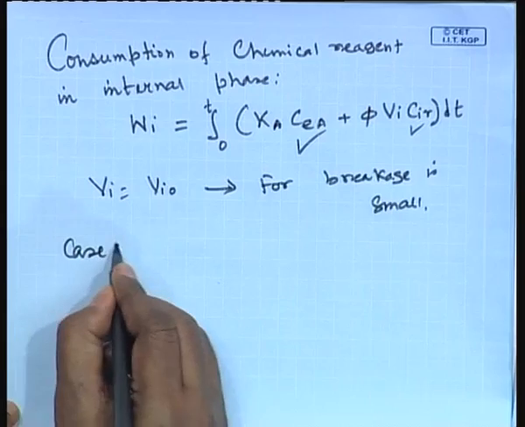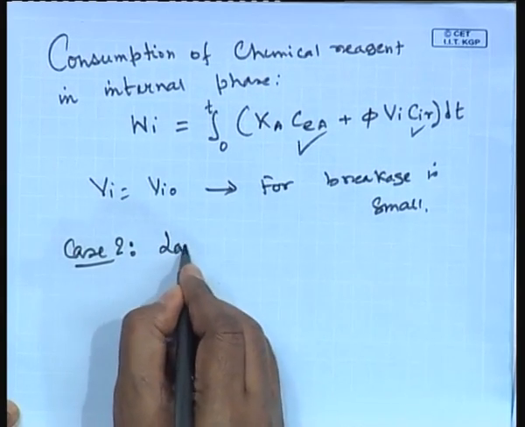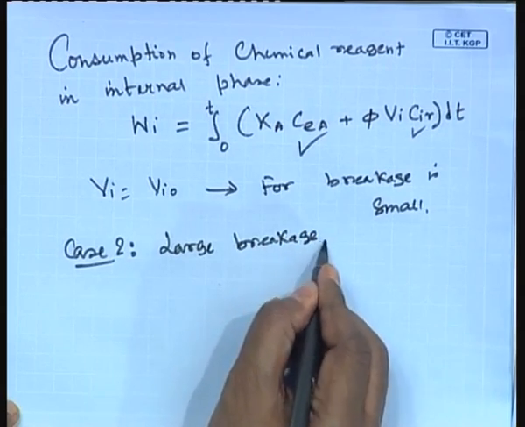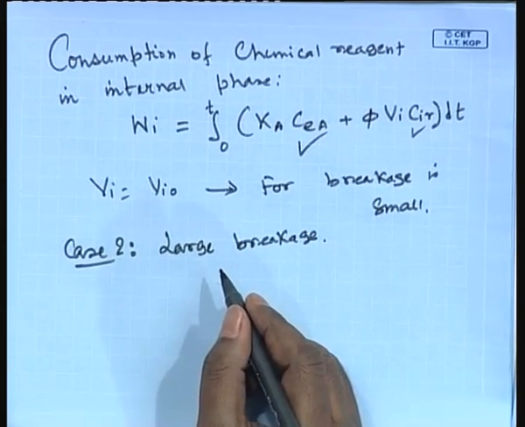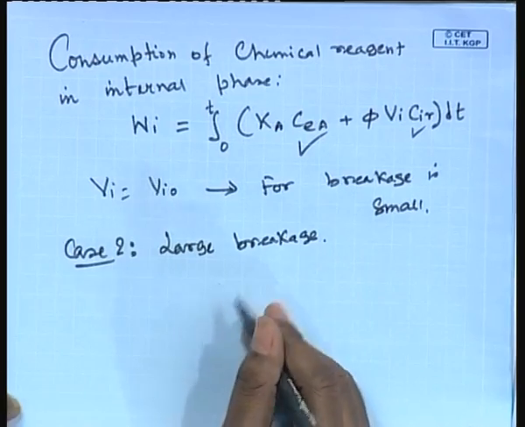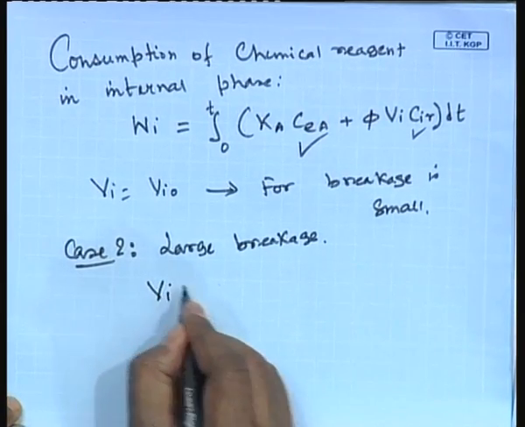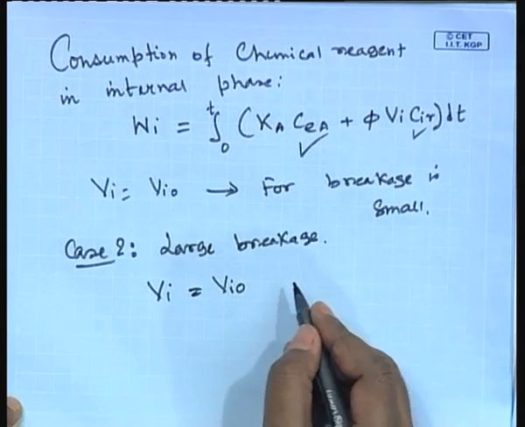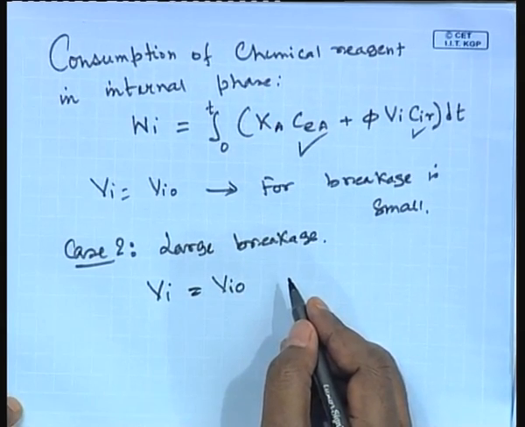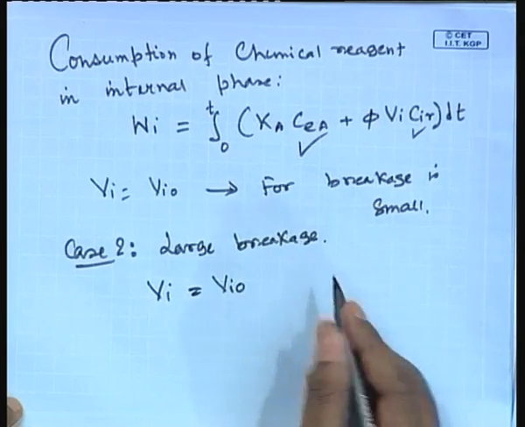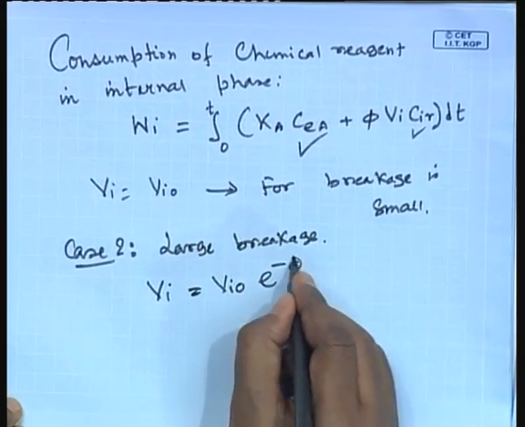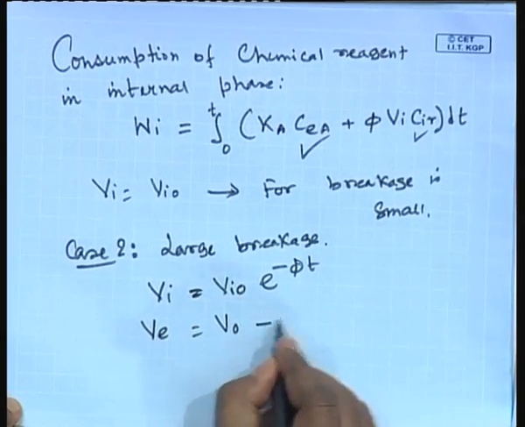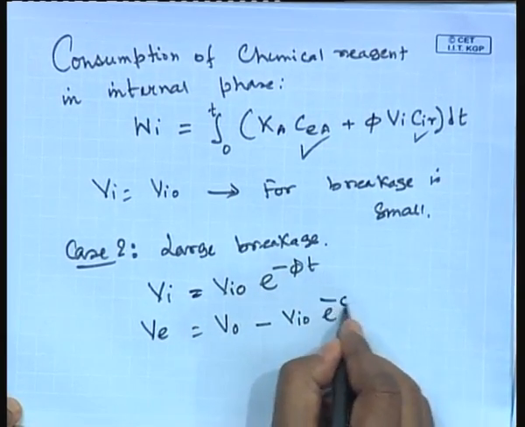Next is case 2, when we are talking about large breakage. In the case of large breakage, you have to assume the breakage rule, that V_I will be reducing as a function of time, proportional to the volume. So, V_I0 e to the power minus phi t, and V_E will be nothing but V_0 minus V_I0 e to the power minus phi t.